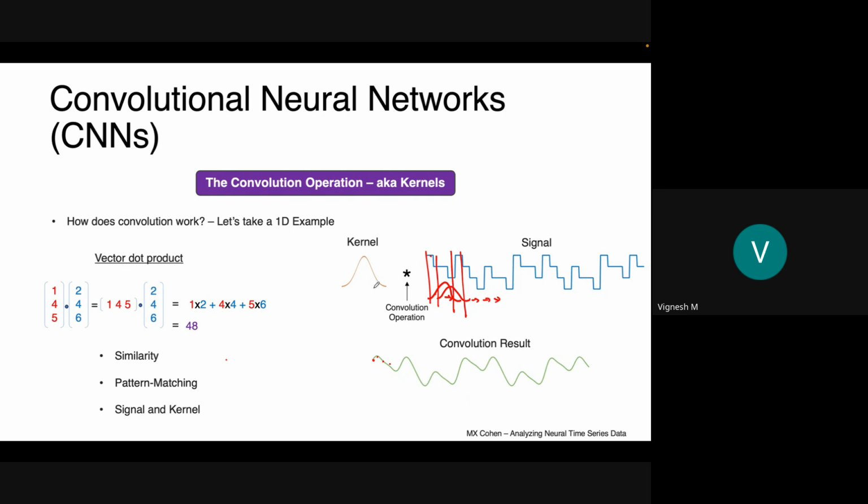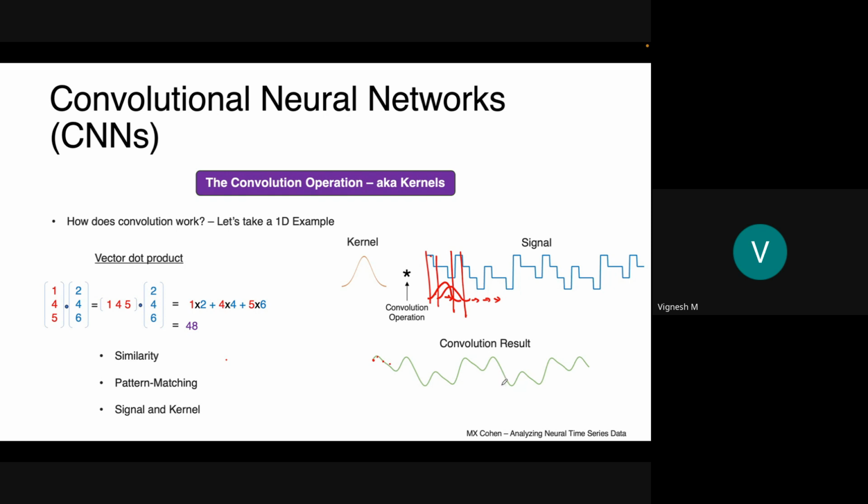The other thing is, you can imagine if there are any places in the signal that look like the kernel, right? The vector dot product will be high, and that will lead to a higher signal value, right? For example, these places kind of look like your kernel, right? And so the value of the dot product will be higher compared to those places where it does not look like the kernel, right?